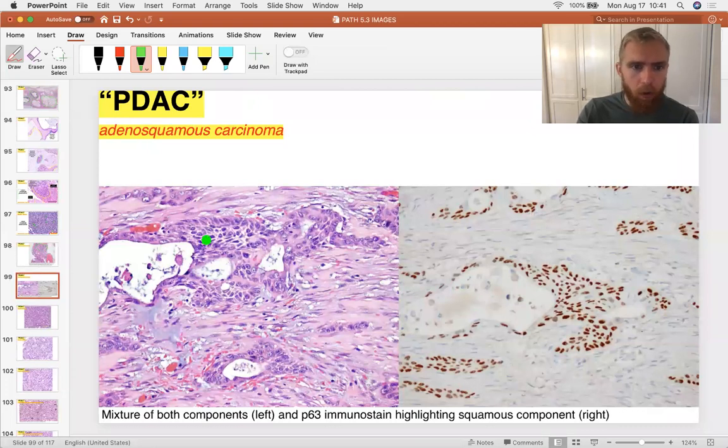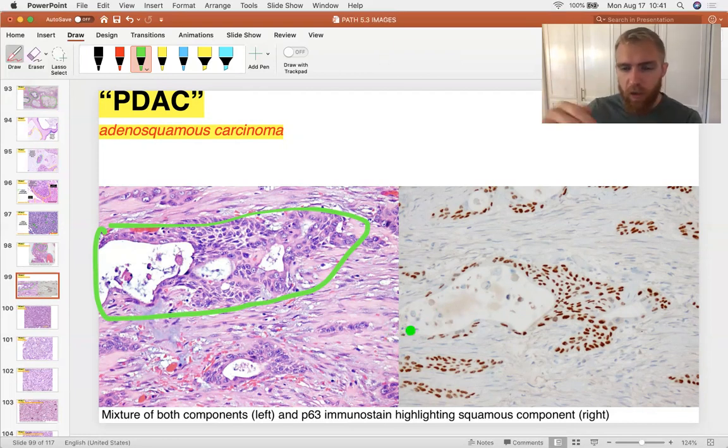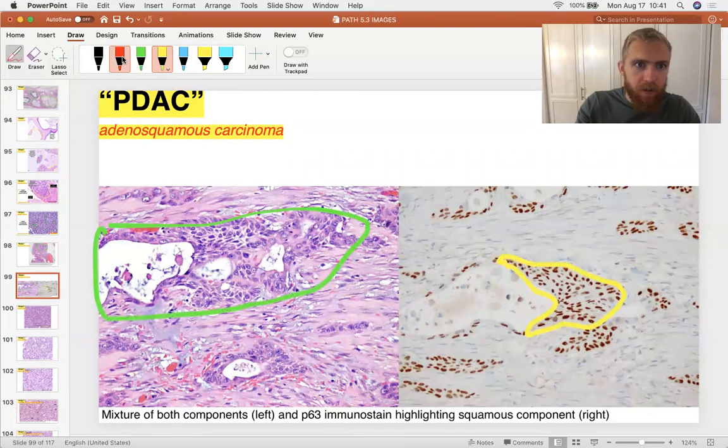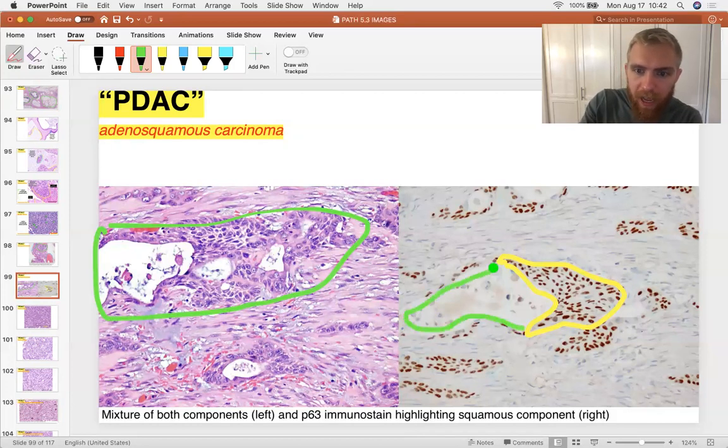And here's another example. The cancer is really right here in the middle, kind of going horizontally across the screen on the left. And so we've taken a slice that's right next door to it, the very next section, and we've immunostained it for a squamous marker. And so you can tell that some of these cells are lighting up for squamous differentiation. We can highlight those in yellow here. But then other cells are not. And so we'll use green for your non-squamous cell component, basically going around the lip of the gland over here, or the duct, I should say.